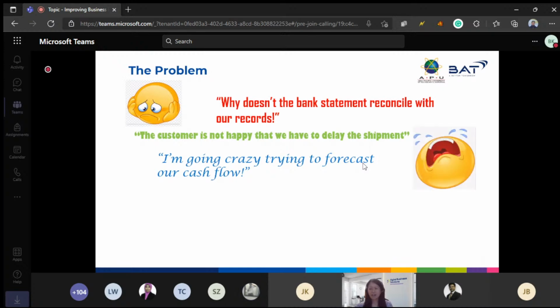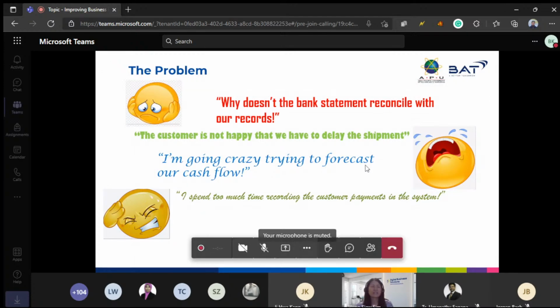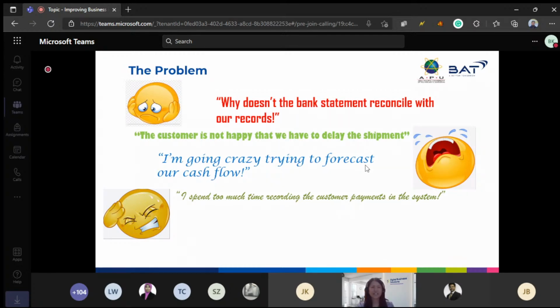All these problems are heavily reliant on a good system to support you. Otherwise, the human may end up spending a lot of time doing manual work, or even having a system to record all their transactions. If the system is not good enough, they may still end up spending a lot of time, even with the system, trying to get it to work for them.